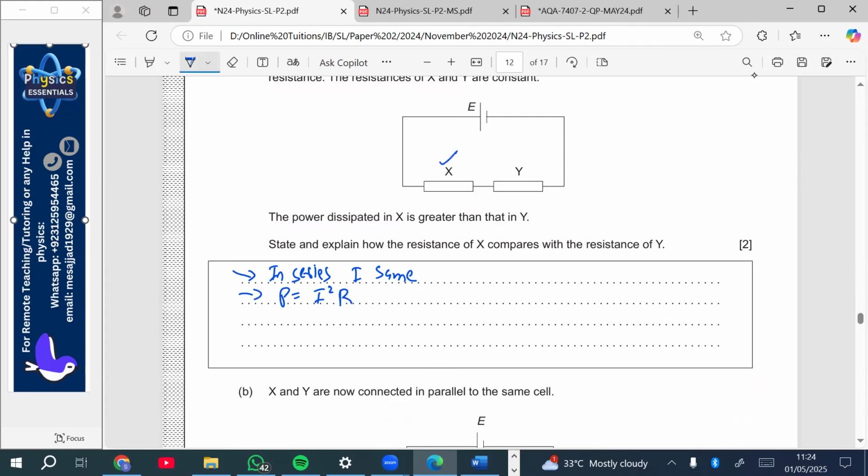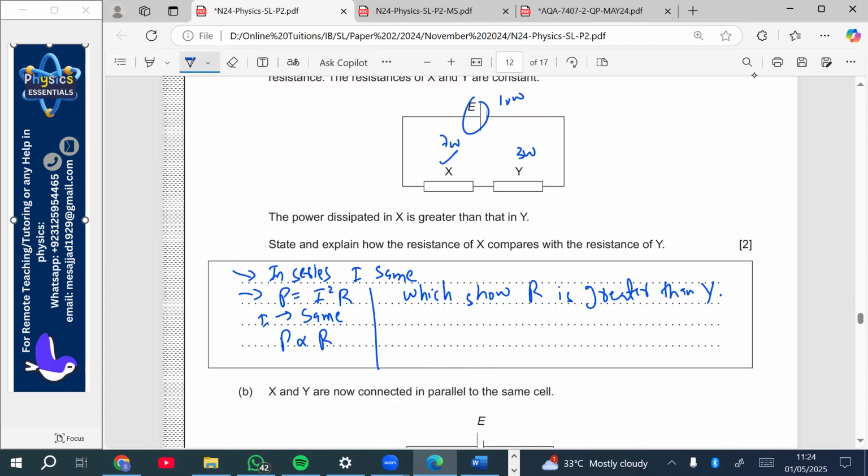Now, if it is eating more of the power, since I is the same, you can write that P is directly proportional to R, which shows R of X is greater than R of Y. For example, if 10 watts is coming from the top and it is eating 3 watts and 7 watts, they're asking why is it so.